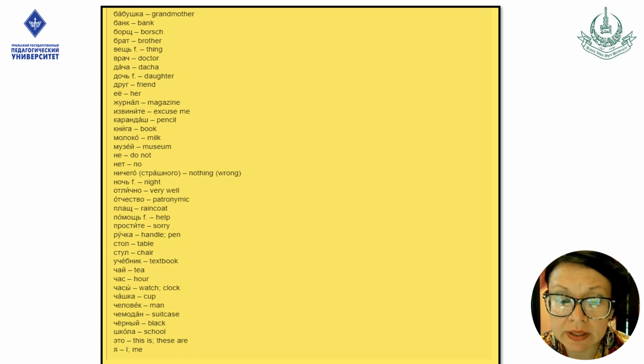Okay, so I believe that today's class is very useful because you learn a lot of vocabulary. Again, don't forget to use your word cards. You make them yourselves. On one side of a card, you write a Russian word, for example, bank. And on the other side of the card, you write the English translation or Urdu translation, which is bank, right?